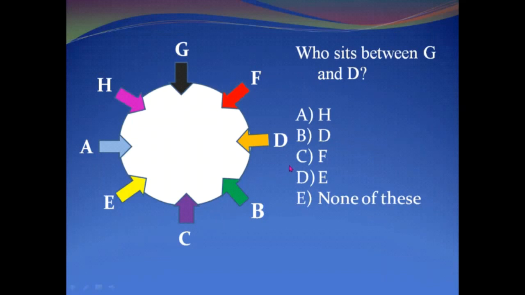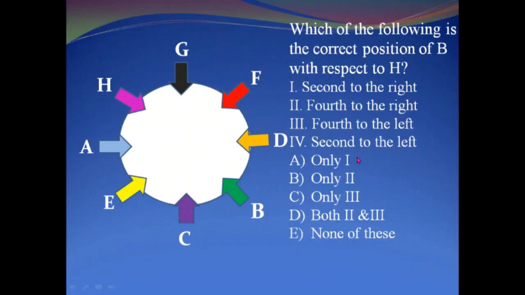Who sits between G and D? Who is sitting? F is sitting. So the answer is F. Option is C. Which of the following is the correct position of B with respect to H? B with respect to H. There are two ways, one from left, one from right.